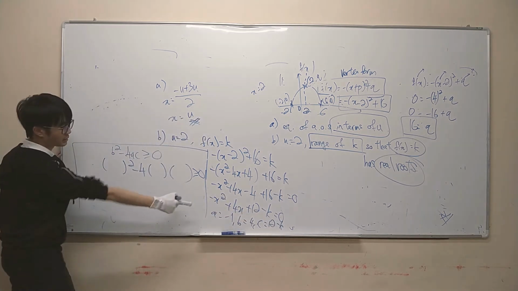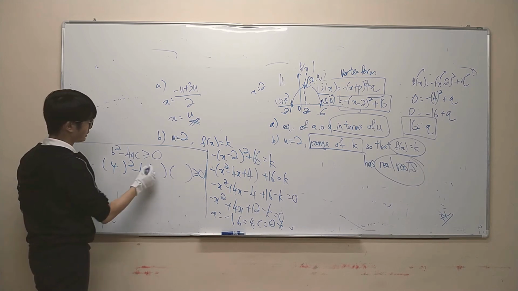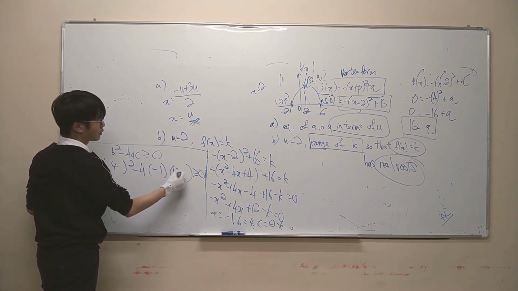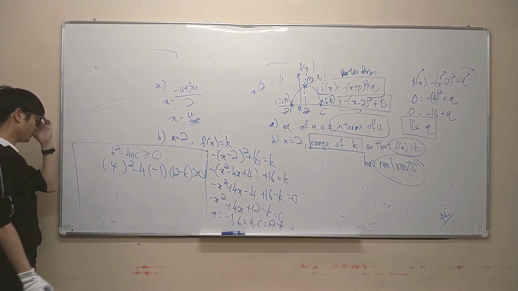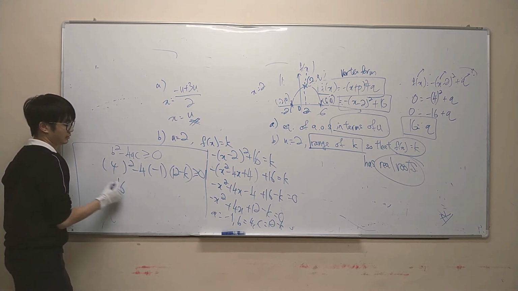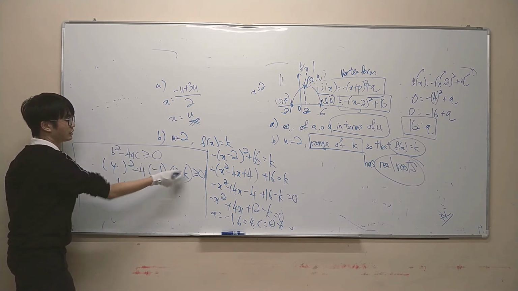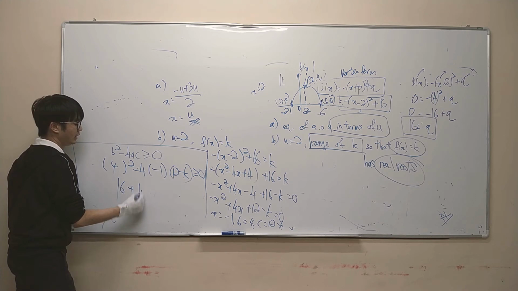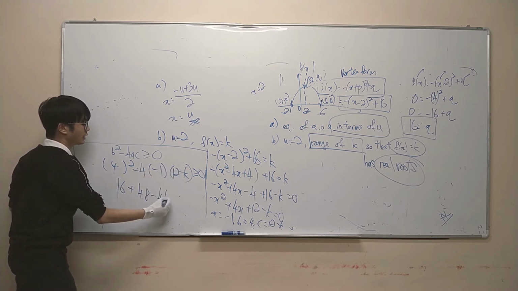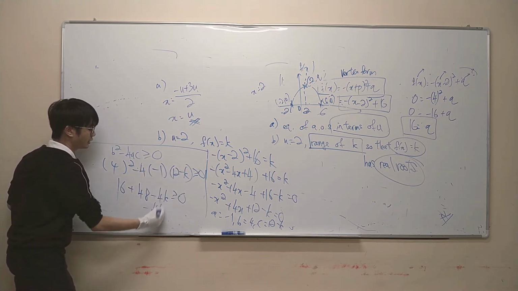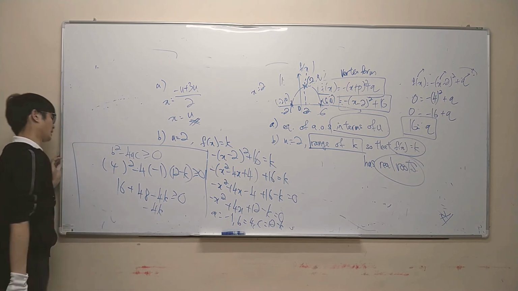So b is what? 4. A is what? Negative 1. C is what? 12 minus k. Okay. That's alright. 16. Right? Negative 1 times 4. 4 times 12, 48. 4 times negative k, negative 4k. And then negative 4k is what? 16 plus 48.